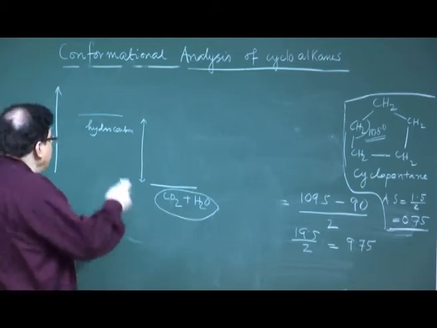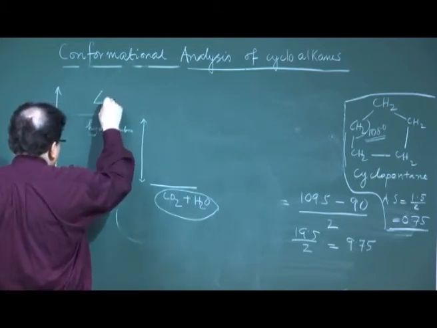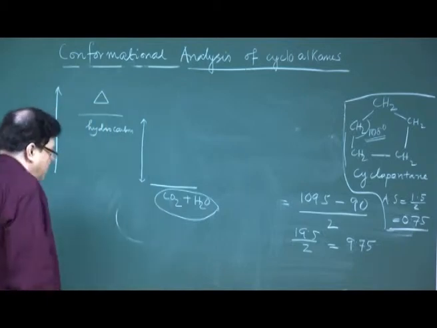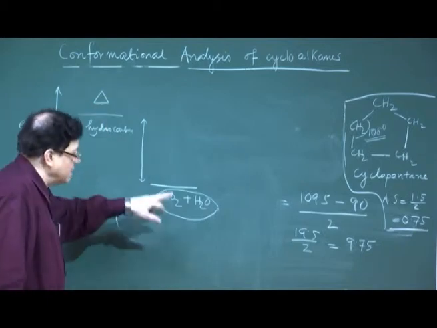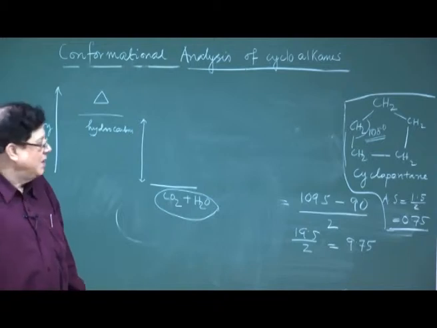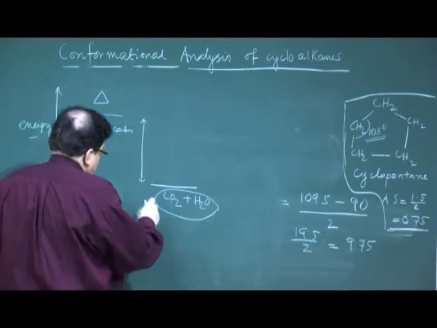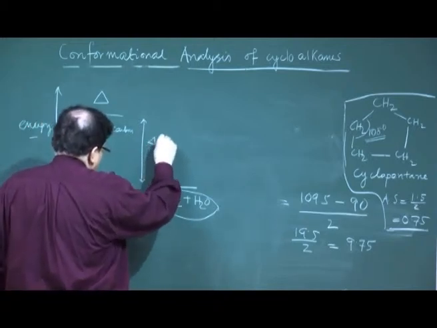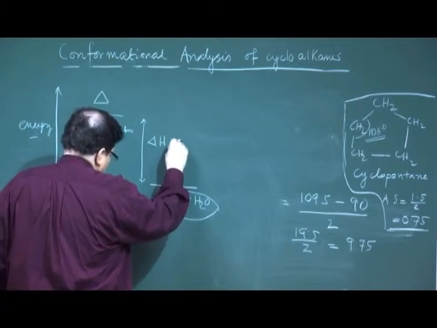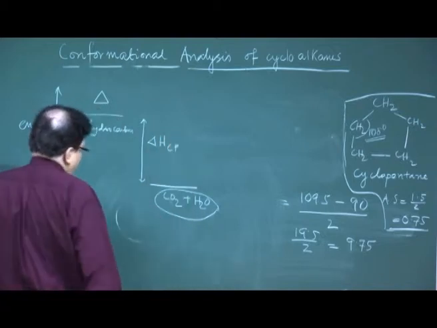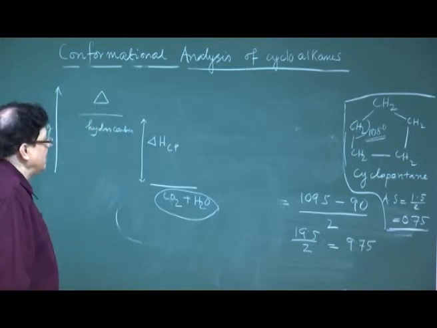Okay. So, if you take suppose cyclopropane, you burn it, so you will get carbon dioxide and water. Okay. And suppose this is delta H for cyclopropane. Now, there are 3 carbon atoms here.